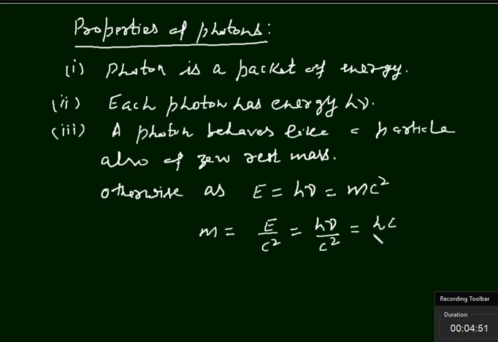This is hc by lambda c square. Since nu frequency is c by lambda, lambda is the wavelength. So this becomes h upon lambda c.